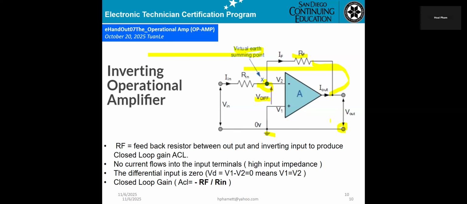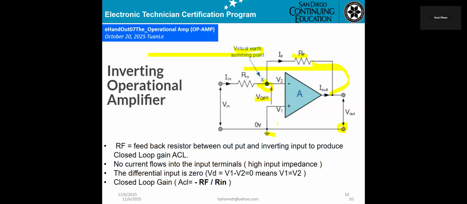So you get another current, IL, going from ground up and into the op amp. That's what we call I load. So the op amp will be sinking current, IF and IL.